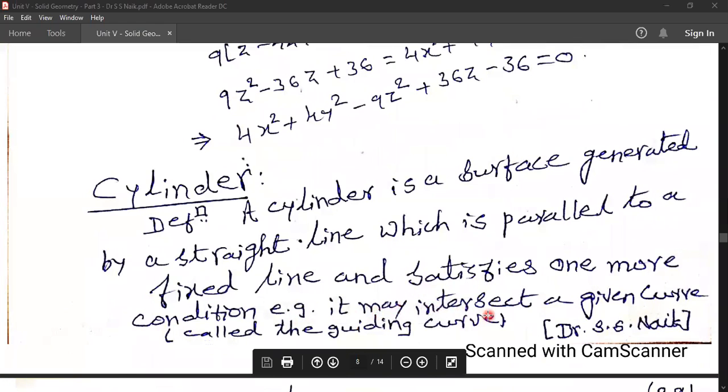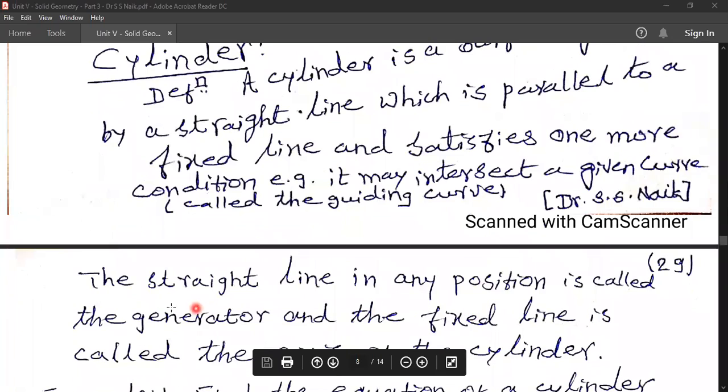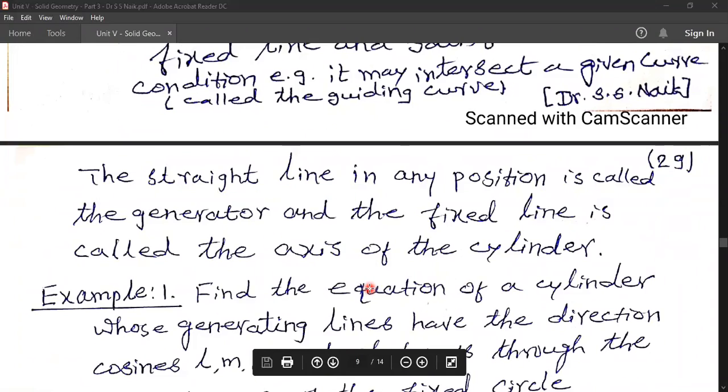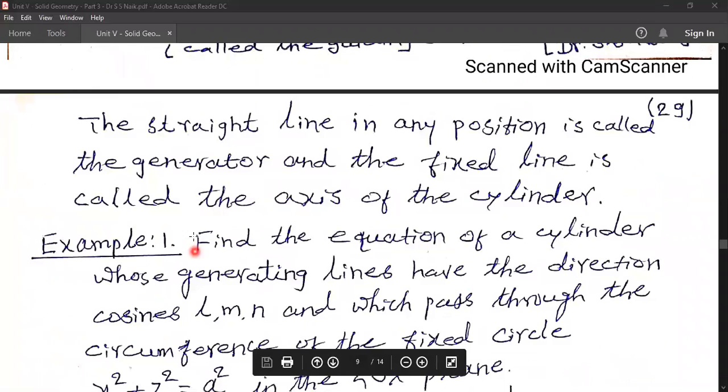For example, it may intersect a given curve called the guiding curve. The straight line in any position is called the generator and the fixed line is called the axis of the cylinder.